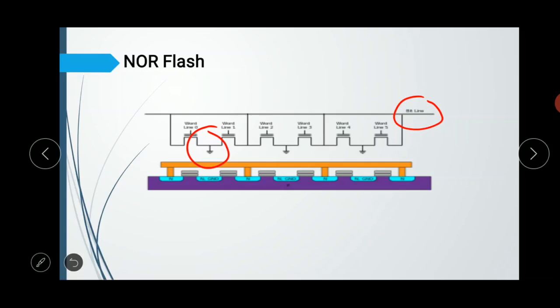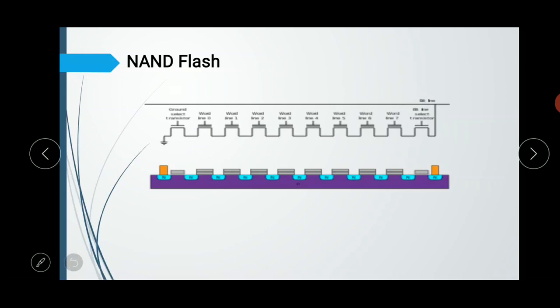Okay, because of this the NOR flash memory is more expensive than the NAND memory. And also the NOR memory needs less time to read a bit because of its direct access to individual cells.